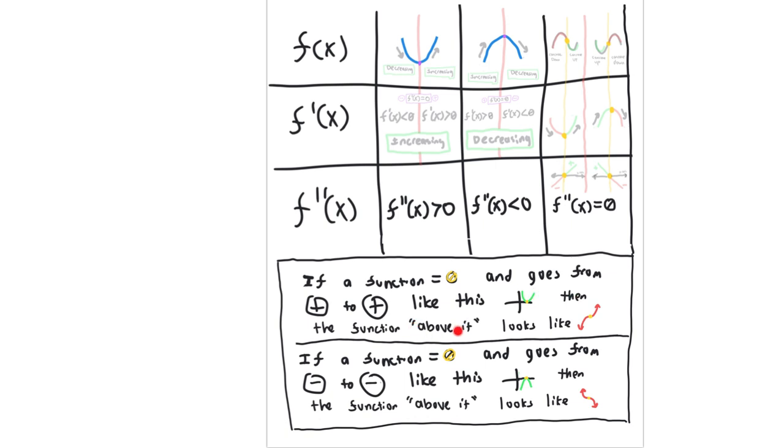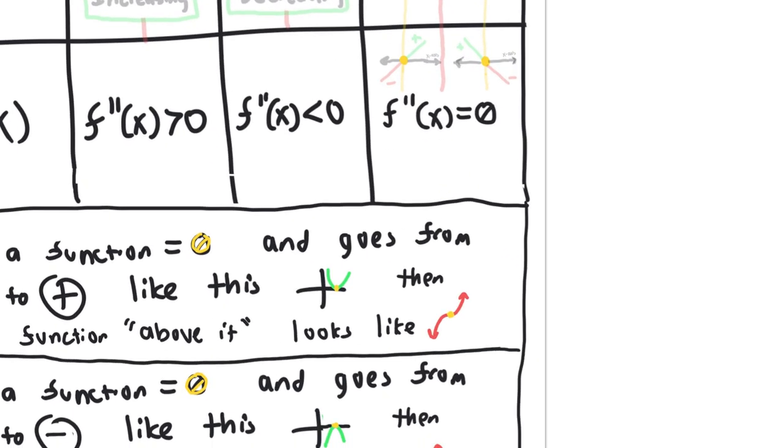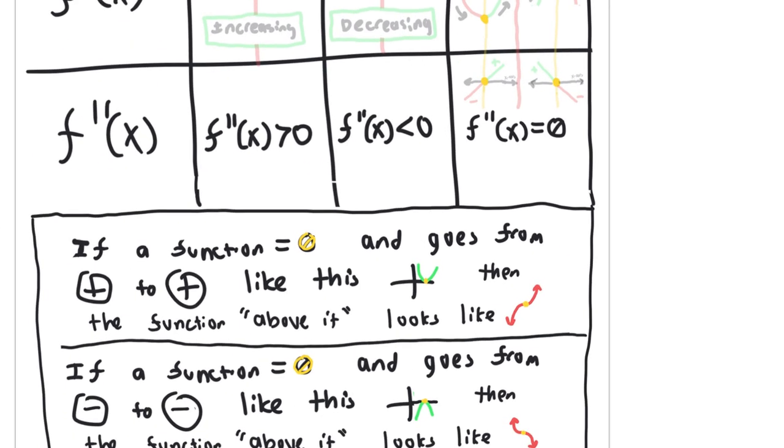Then the function above it looks like this. When I say the function above it, I mean if you have this scenario happening with f double prime of x, then the function above it, meaning f prime of x, looks like this. So remember this scenario where you have, we could say, a valley, but the vertex of the valley is on the x-axis, then the function above it looks like this.